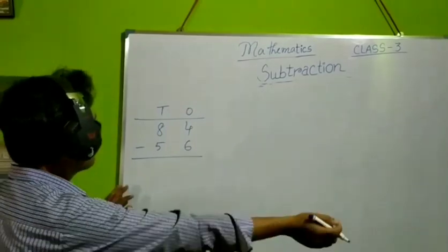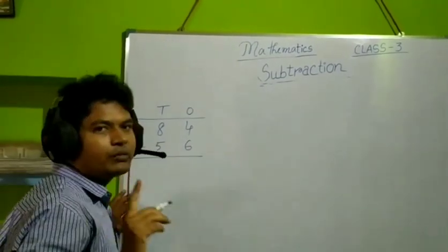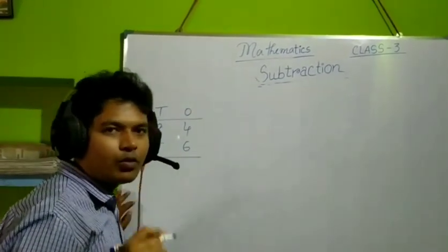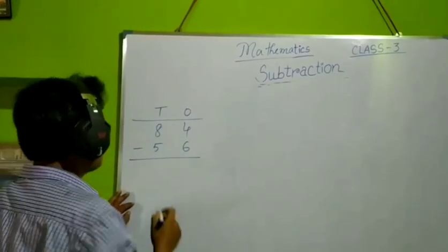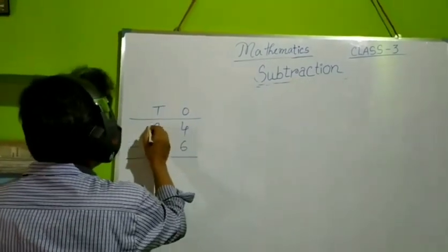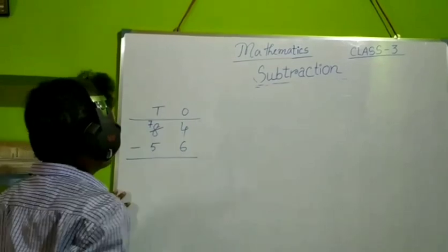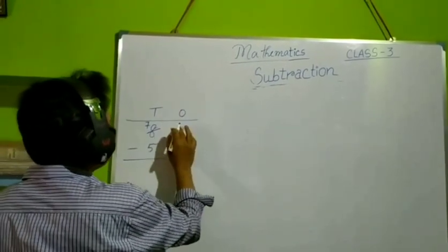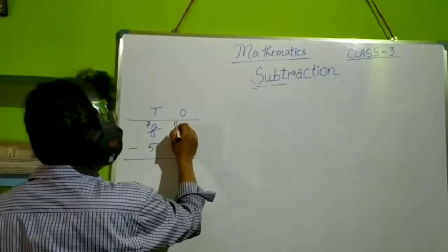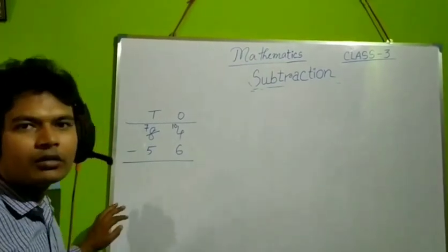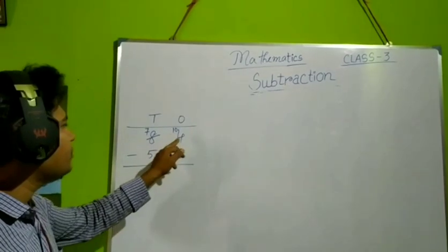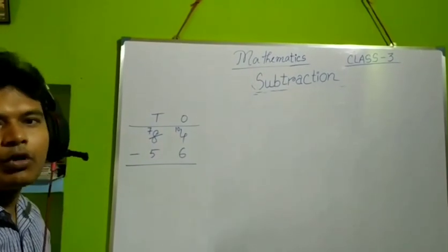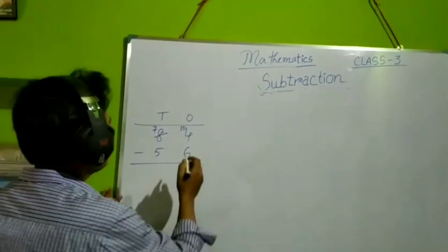Then we have to borrow 1 from the tens place. So 8 becomes 7, and when this borrowed 1 comes to the ones place, it adds with 4. Then we get 10 plus 4 equals 14.